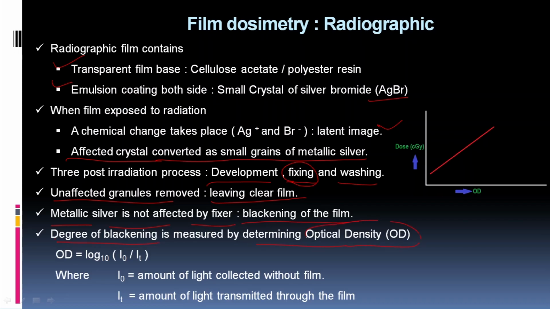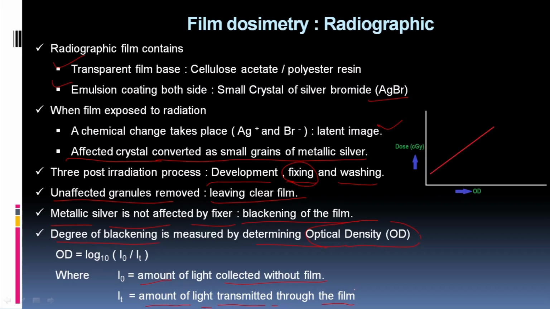There is a term known as optical density. Now what is optical density? This is log10 of I0 by IT, where I0 is the amount of light collected without film and IT is the amount of light transmitted through the exposed film.